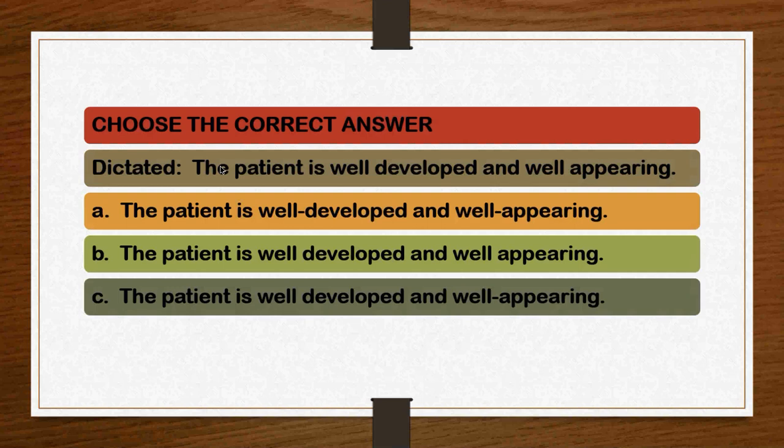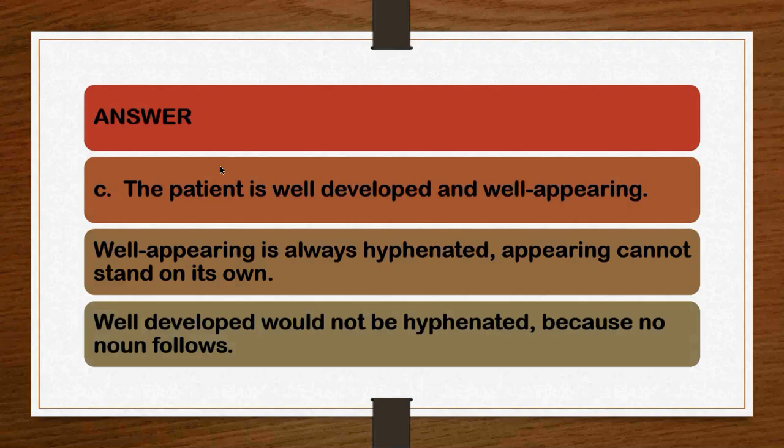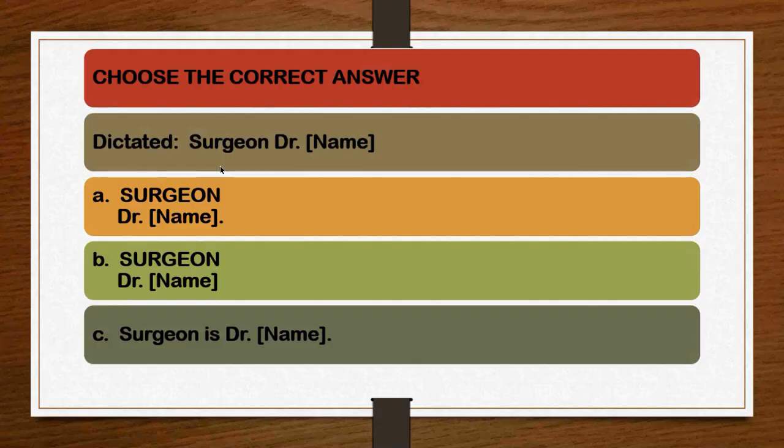The answer is C. She was the one that got it right. The reason being, well-appearing is always hyphenated. Appearing cannot stand on its own. So you can be ill-appearing, odd-appearing, whatever appearing, and it's hyphenated. It doesn't matter whether the noun follows or not. Well-developed would not be hyphenated because the noun doesn't follow. The patient is well-developed. There are other words that can't stand alone either, and I can't think of them right now, but there are a lot of them. So, okay. Right, Angela? I know, all these rules.